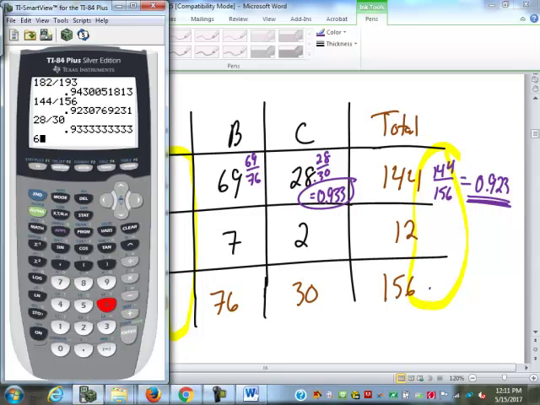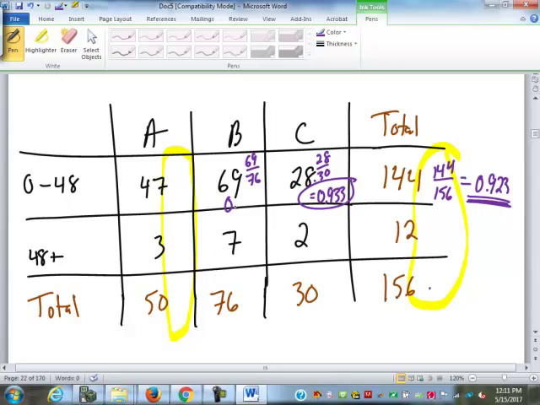Let's see what we get. 0.908. So that's 90.8%, down from the 92.3%, but still not horrible. And here 47 out of 50, that is 0.94, so 94%.